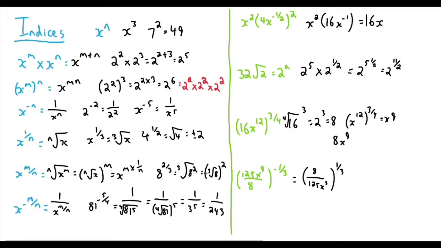A third is like a cube root, so the cube root of 8 is going to be 2, and here the cube root of 125 is 5, and the cube root of x to the power of 9 is going to be x to the 3, because again you've got power bracket power, a third times 9 is 3.